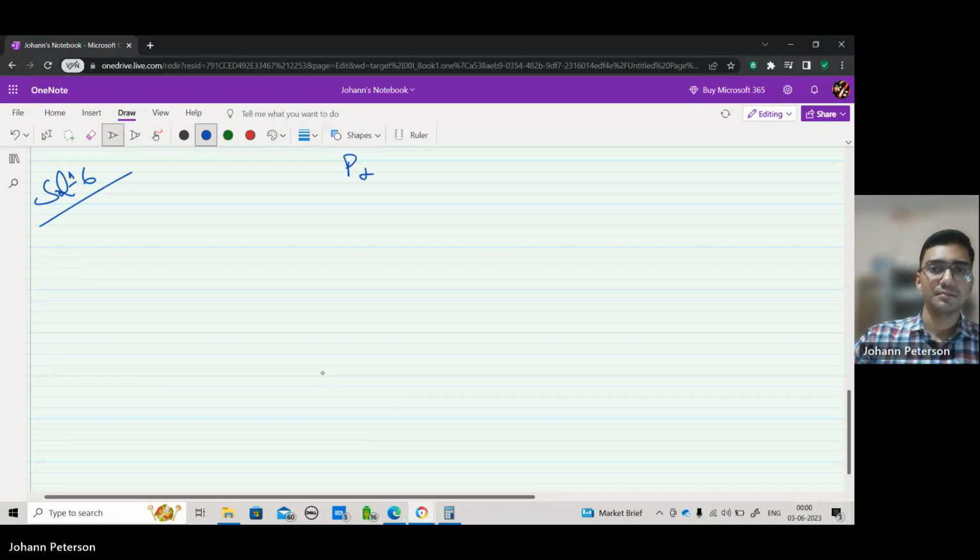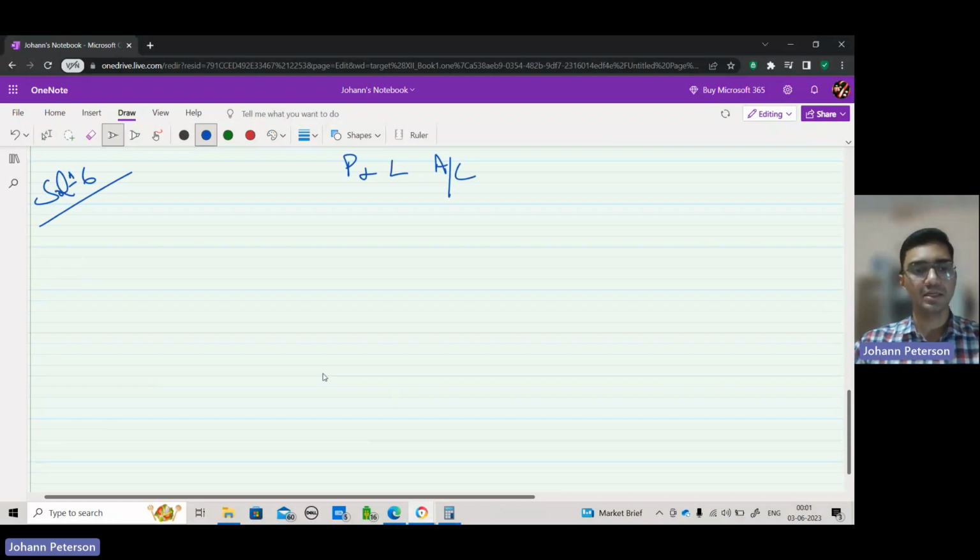Let's make a P&L. In this question, we also have to make a P&L account because we have manager's commission given. So we'll make a P&L account first of all.